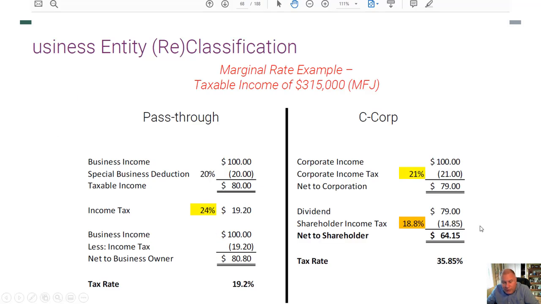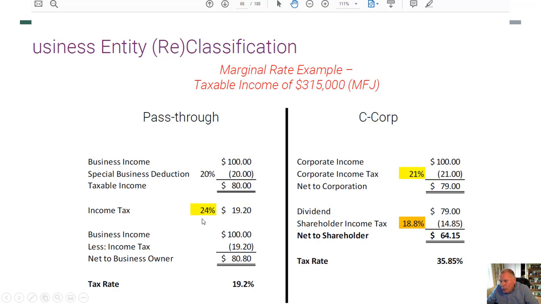And here's an example of a simple pass-through: taxable income of $315,000, married filing jointly. On a pass-through, the way they fixed it is there's 100 of business income, and you take the special business deduction, 20%. There's rules for that, of course. That's taxable income.